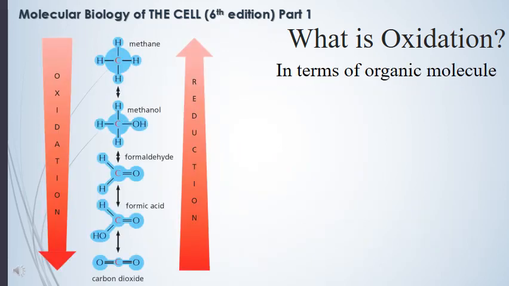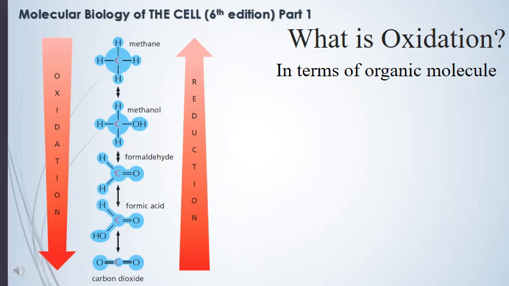Well, in terms of organic molecules, it's very easy to spot oxidation and reduction. Let's say we take the simplest form, methane. Methane has 1 carbon and 4 hydrogens attached to it. Methanol is basically oxidized methane, based on the number of hydrogen bonds to carbon.